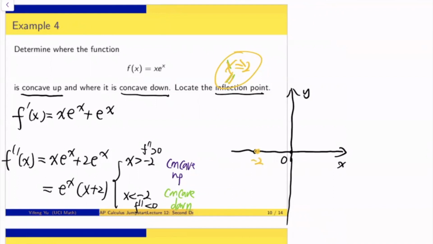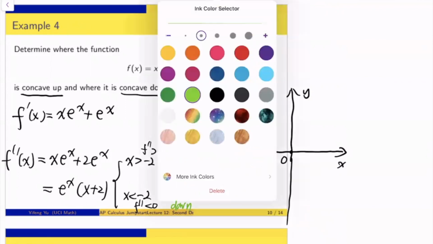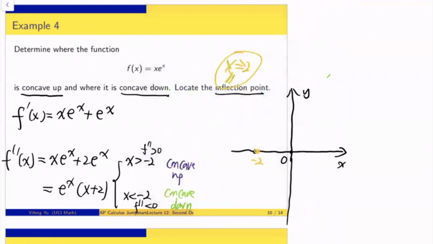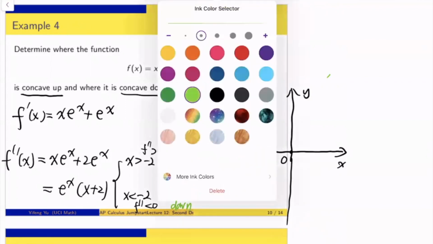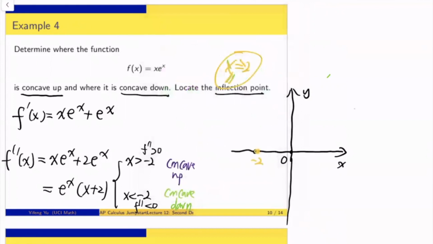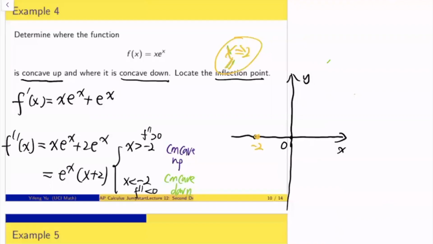When x is 0, the function is 0. Before -2, so when x is less than -2, the function is concave down. When x is -2, the function value is negative.